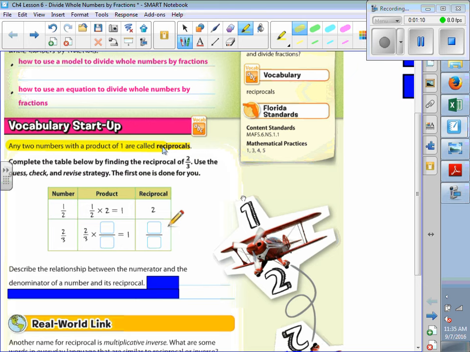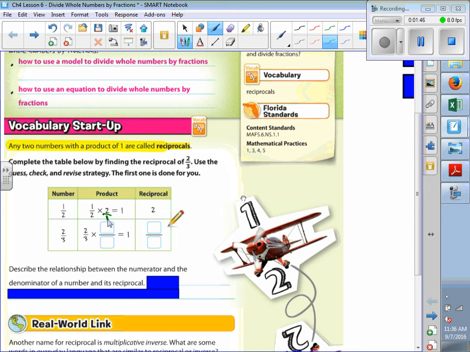So here, it says we're looking at 1/2. Now, what number can I multiply times 1/2 to get 1? 1/2 times 1/2 is 1/4. What number can I multiply 1/2 times to get 1? Well, if you look at this example that's done for you, it's 2, right? If I multiply, remember when we multiply straight across, we're just going to put that over 1, right?